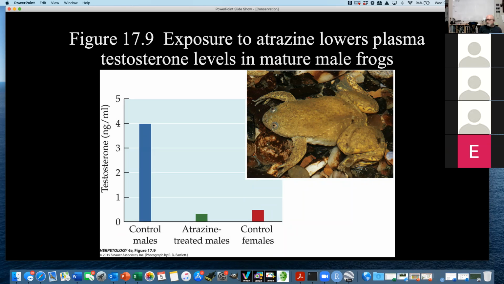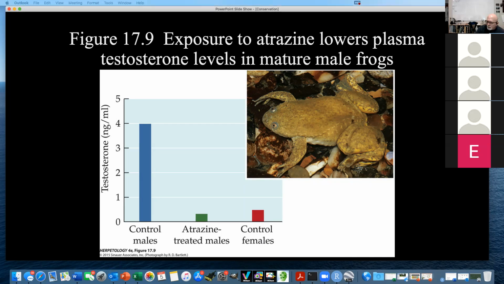It interrupts the normal hormonal sequence of an organism, which alters, in this case, I was talking about sex development, but it can alter a lot of things. Yeah, and so it basically disrupts the hormonal balance of a species.